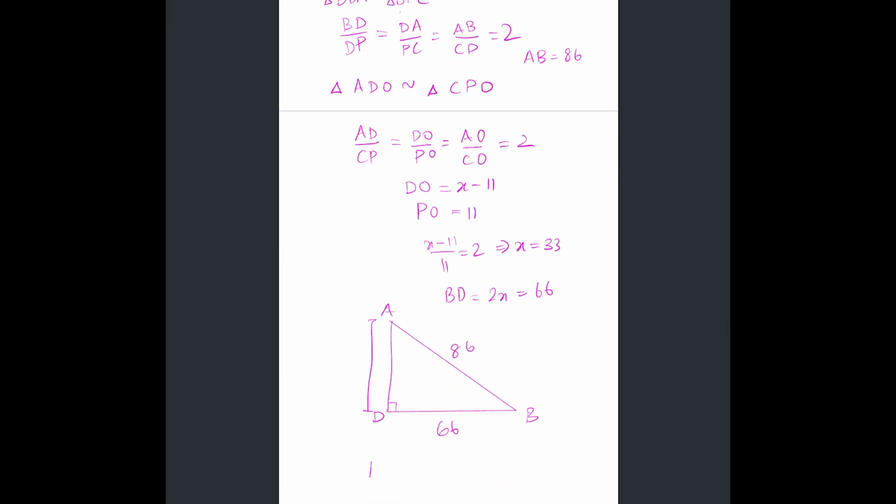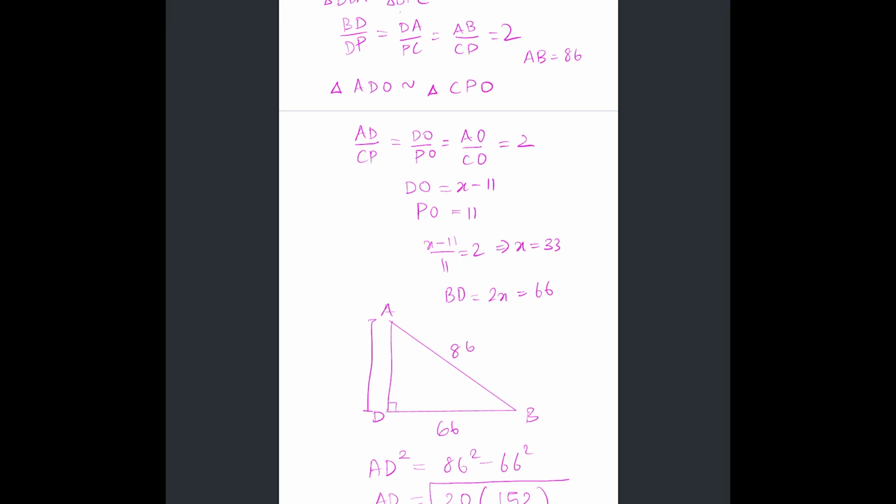So AD square is equal to 86 square minus 66 square, which gives us 20 into 152, so AD is equal to root over 20 into 152, right?